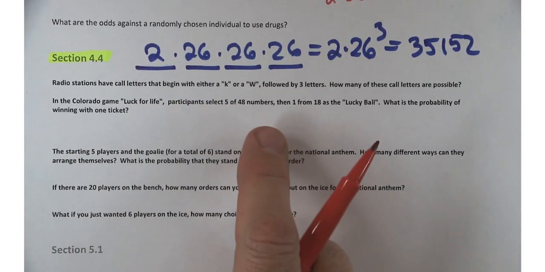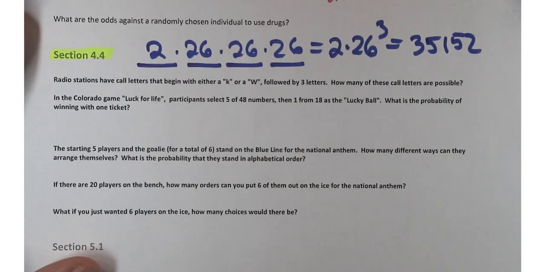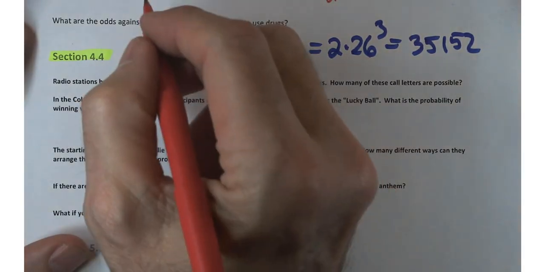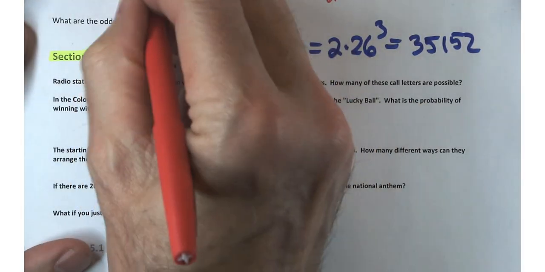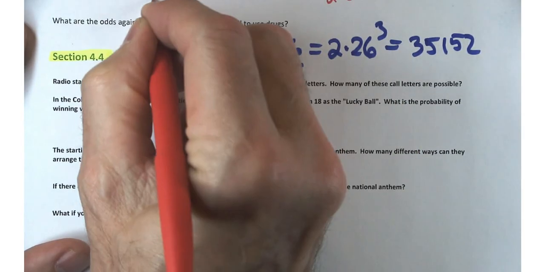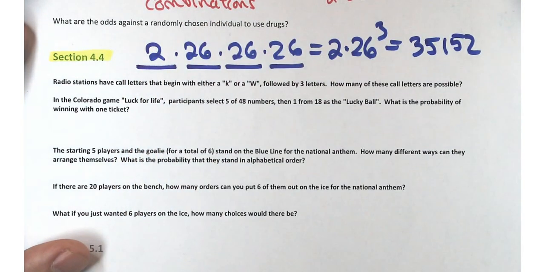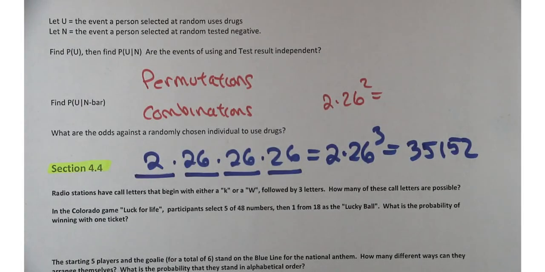A lot of what I'm going to test comes down to these next couple examples. And there were 2 things that we had to deal with. One was permutations, and the other was combinations. What's the difference between permutations and combinations?